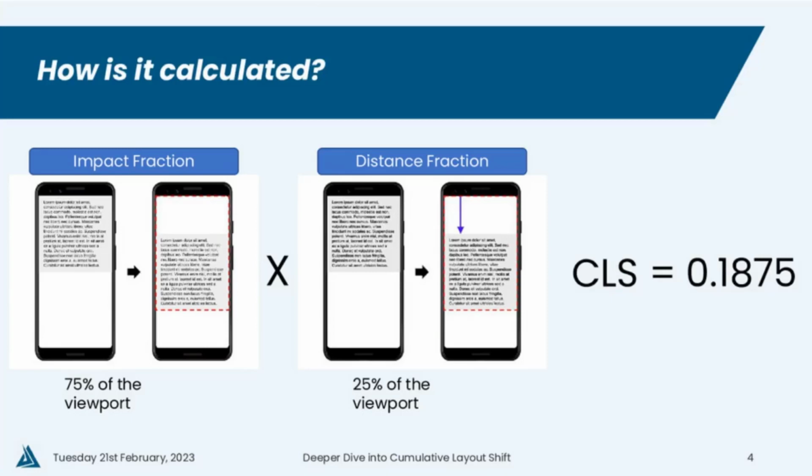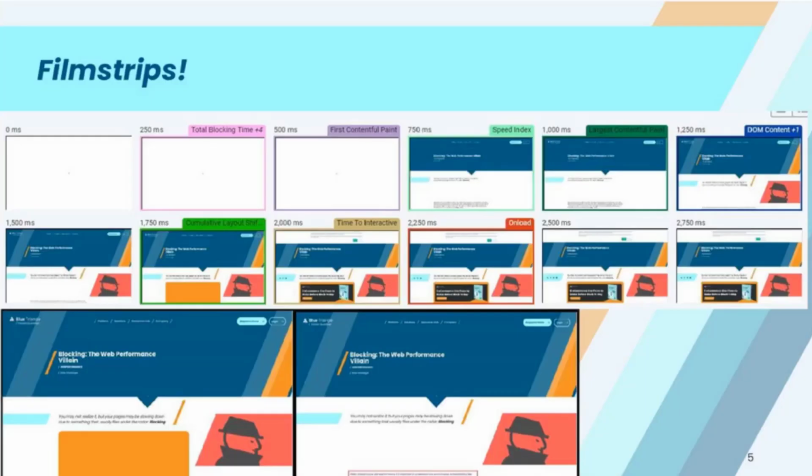How do we prevent or fix this from happening on your website? So the first thing we need to do is be able to see where these changes are occurring. Seeing a screenshot after your site loads or trying to eyeball these changes as they're happening are really challenging. So Blue Triangle can make that easier.